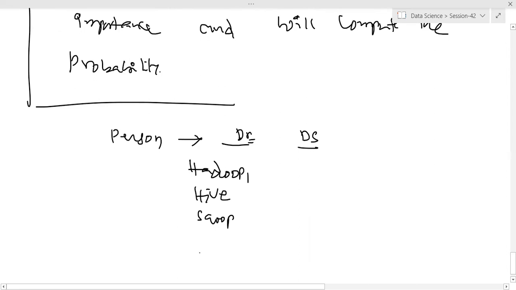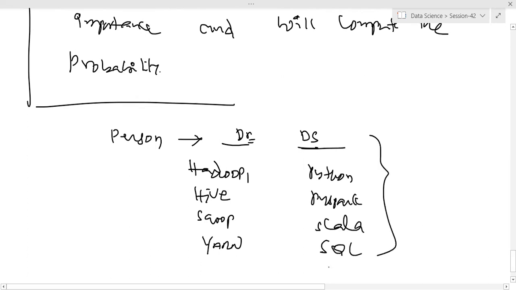Okay, and thereafter I can touch base on some kind of YARN. This is a requirement. Whereas in data science, my primary thing is Python. I have to check the PySpark kind of thing, if any Scala orientation he is having, SQL skills, like that.